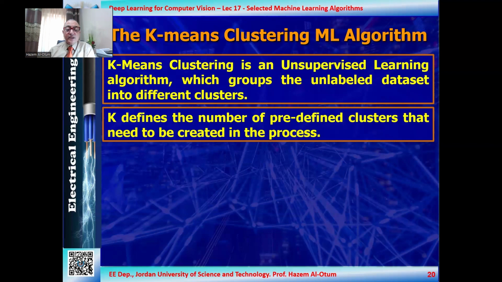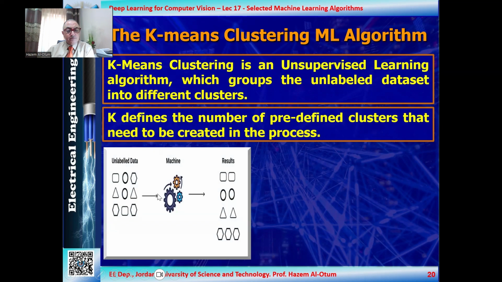Similarly, here we have to select the number of clusters, and it must be predefined. You can repeat the process many times and get a final, optimal solution, or maybe a compromise solution for k. So k plays a vital role in this regard.